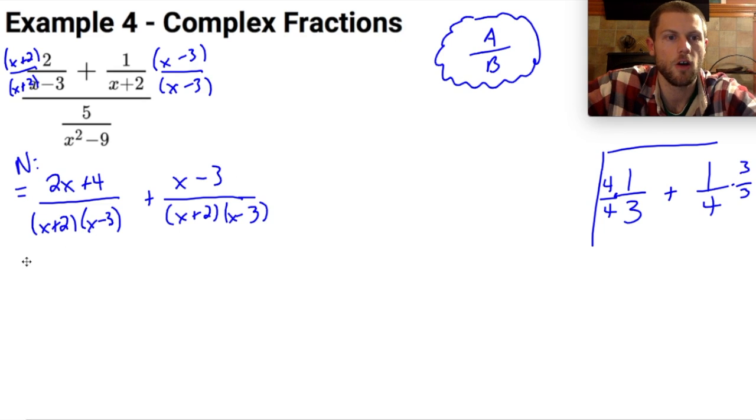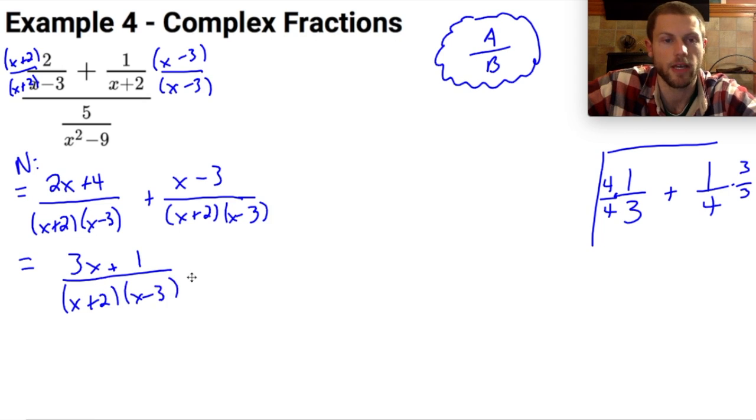So if I combine all of this, this is going to be 2x plus x, which is 3x, and then 4 minus 3 is plus 1, all over this big denominator, x plus 2 times x minus 3. So that's just my numerator. Let's work with my denominator now.